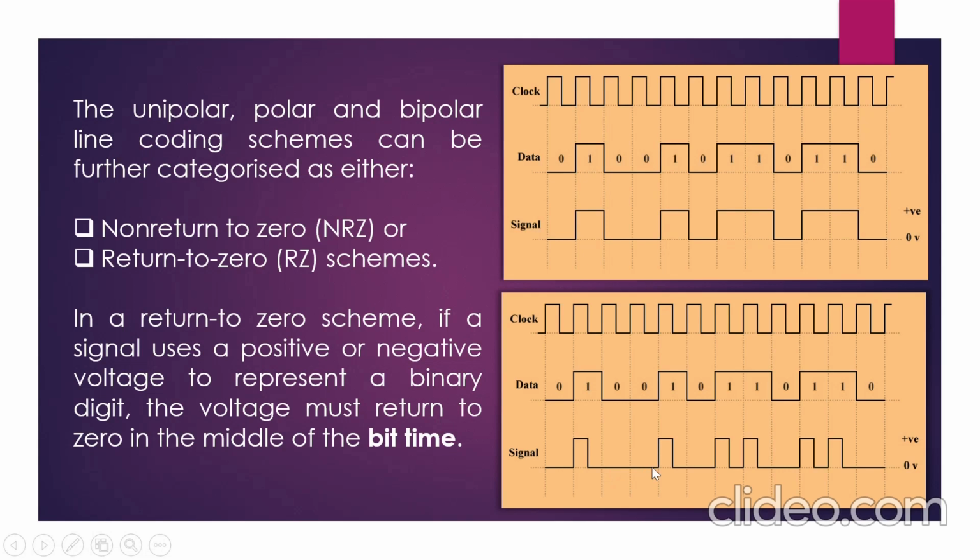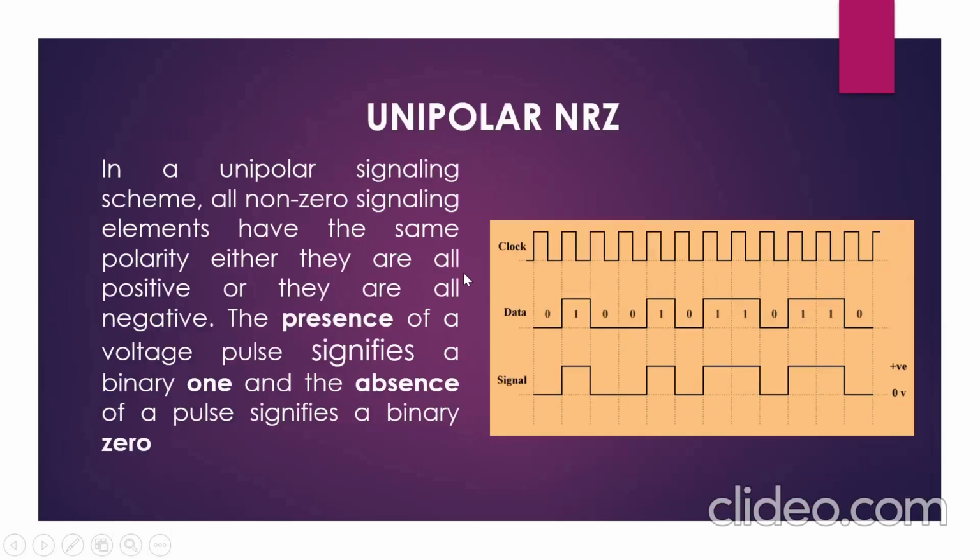Then there is a 0 again. Then there is a 1. You can see an upward transition and it then goes back to 0 during the bit time. You can compare the two diagrams to have an idea of the difference between the two.